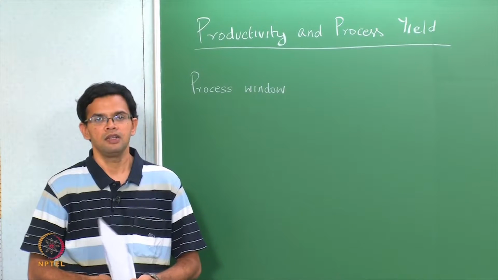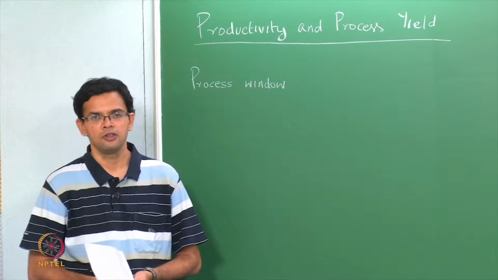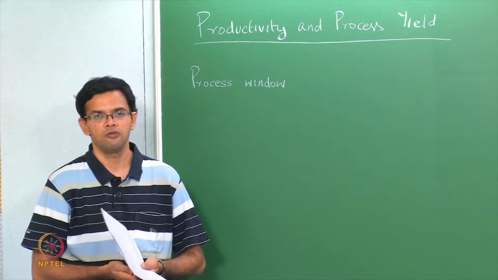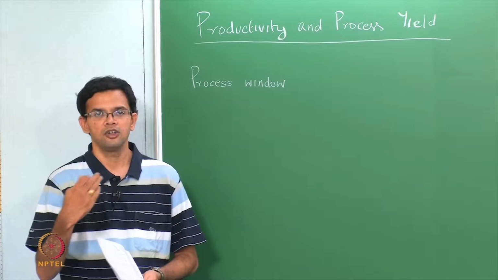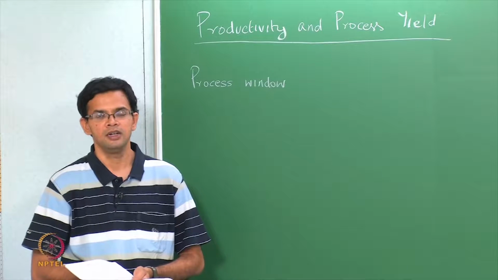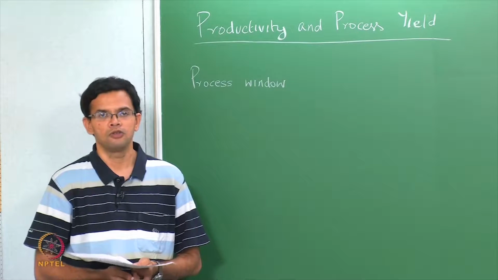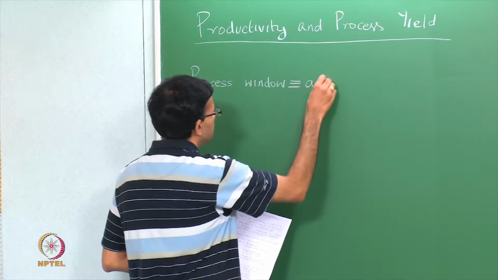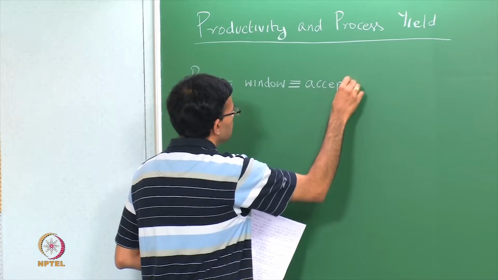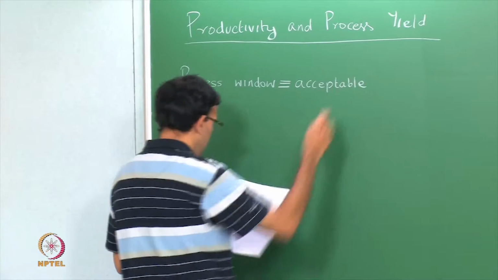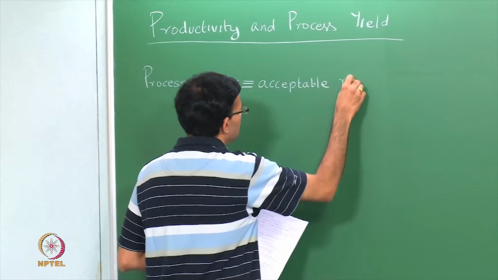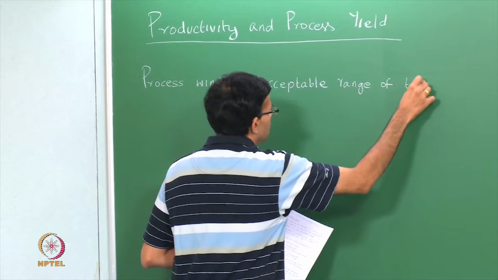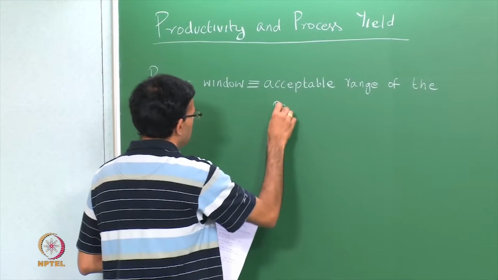For example, if you are looking at oxide growth, then the process window would essentially have the thickness of the oxide, that is the range of thicknesses that are permitted, and also the amount of defects. So, the process window defines the acceptable range of the parameters.